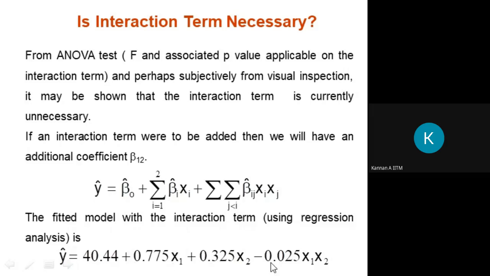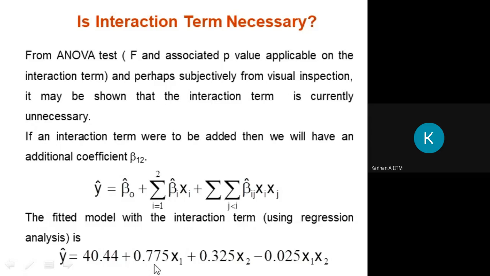When x1 is not having any effect, x2 is not having any effect, x1, x2 is not having any effect, the response is nothing but the average value. The deviations from the average value are brought out by these terms. So 40.44 is the average of all your responses. Now imagine, that's what I told you about Fisher.